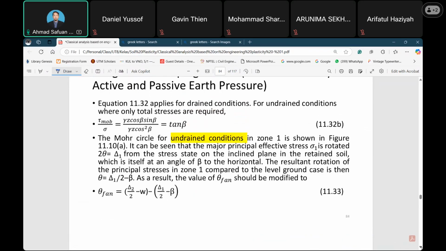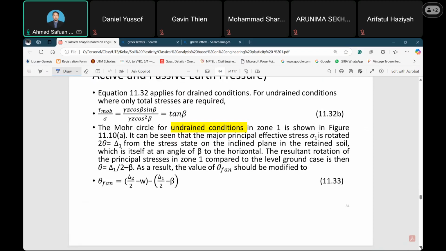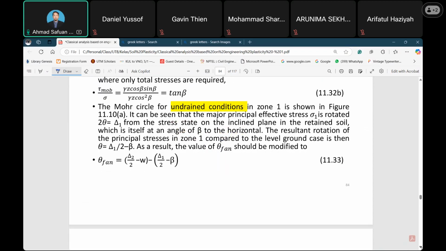So then, using the same approach, we need to identify the theta fan. So the Mohr circle for undrained condition in figure 11.10A. Okay, so this is the Mohr circle.